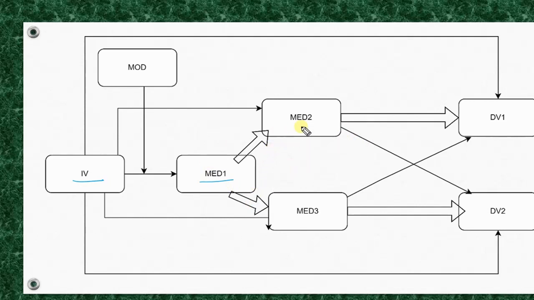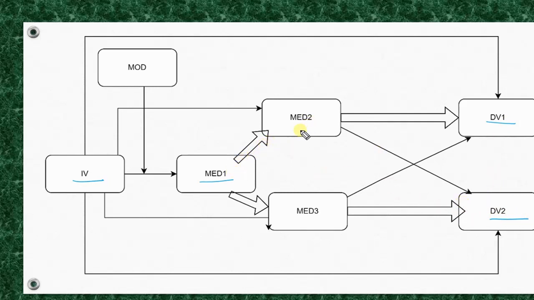I have renamed them as moderator, mediator, independent variable, moderation. The student can easily understand how we can run this type of model in SmartPLS or any other software. So here I have taken 3 mediators, mediator 1, mediator 2, mediator 3, and I have 2 dependent variables, named dv1 and dv2.